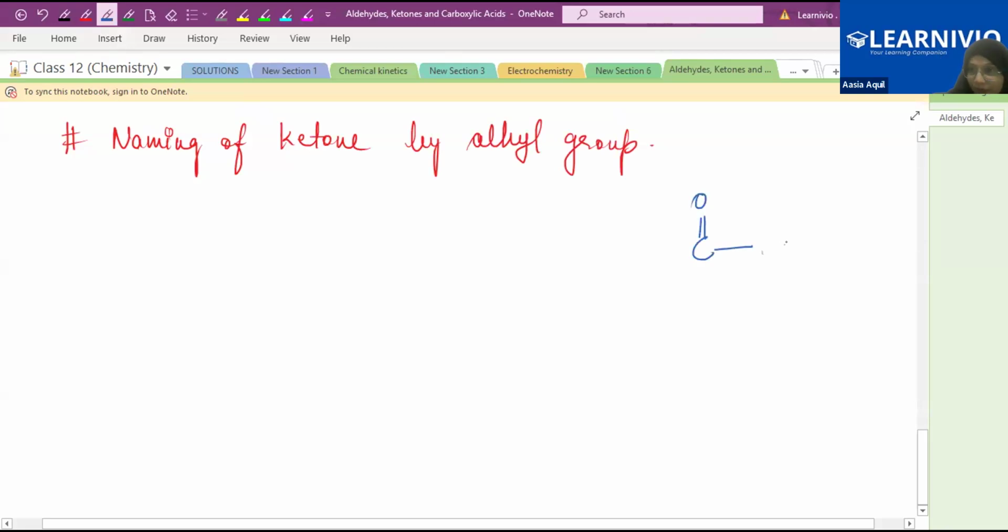There should be one alkyl group on each side. So the smallest ketone which exists is propanone. For example, suppose CH3 is attached on one side and CH3 on the other; this is propanone. So methanone and ethanone do not exist.